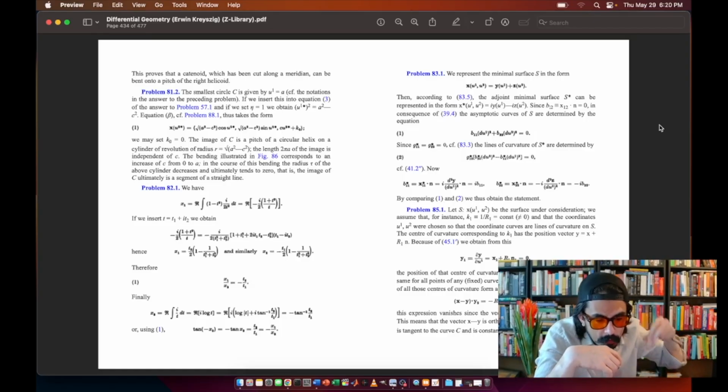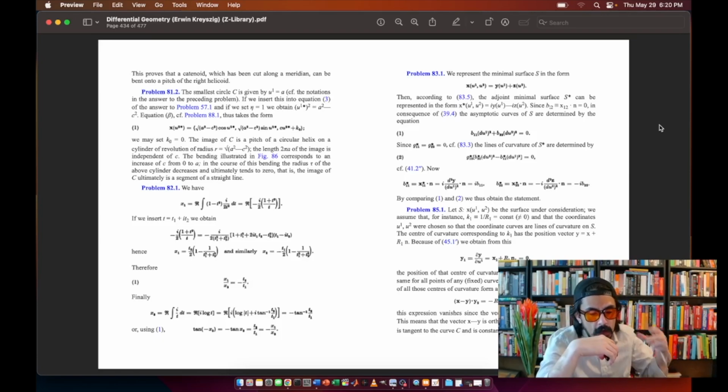Finally, x3 equals the real component of the integral of i over t dt, which is equal to the real component of i times log of t, which is equal to the real component of i times the quantity log of the absolute value of t plus i times the arctangent of t2 over t1, which is then equal to the negative arctangent of t2 over t1.